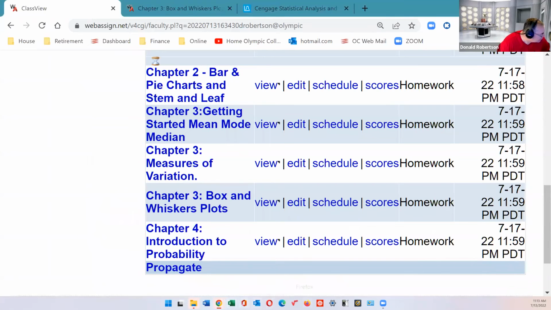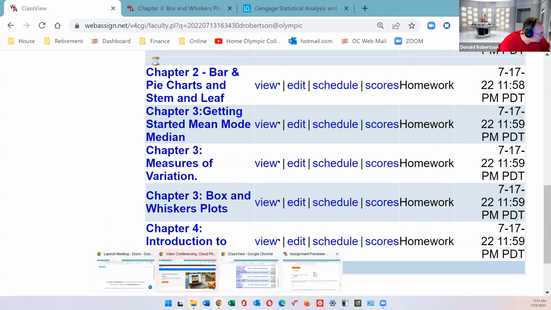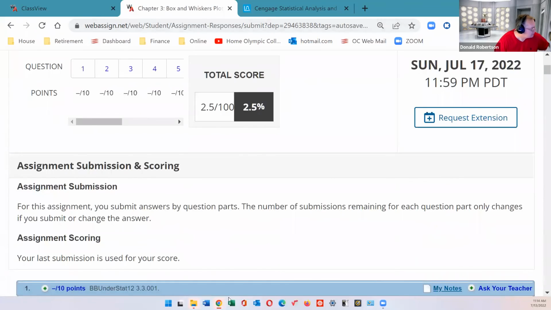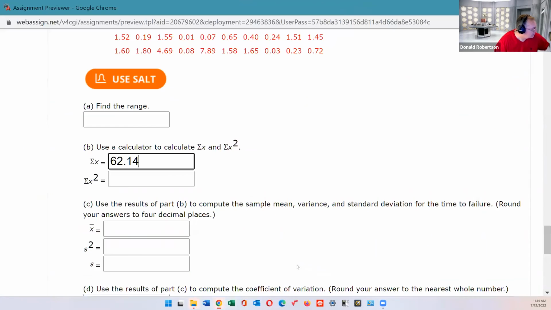I've lost it. Why can't I find things? Oh, there we go. It's the sum of the squares of the data, which is this 164.